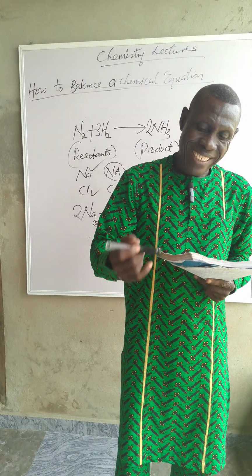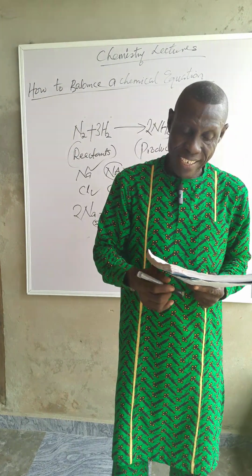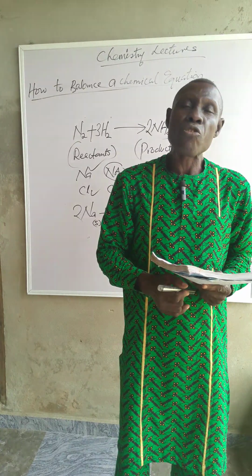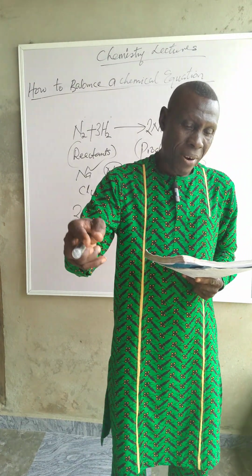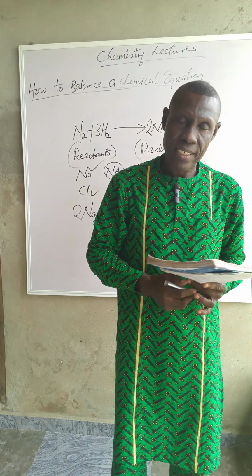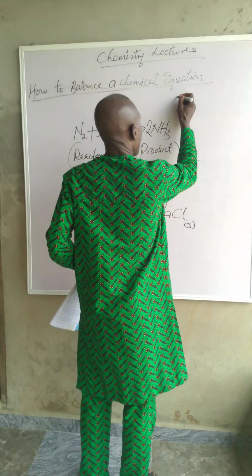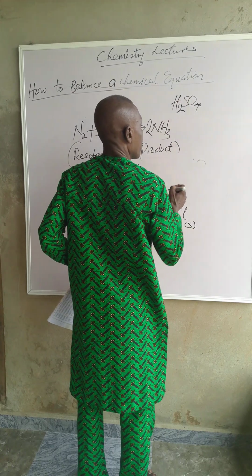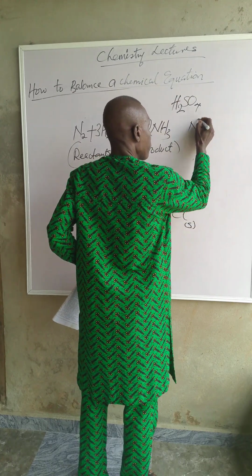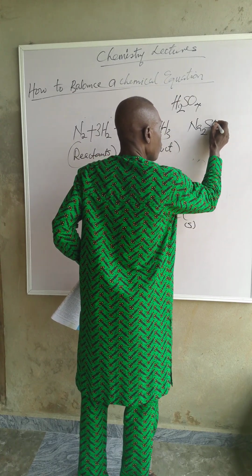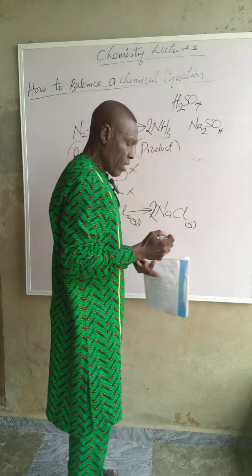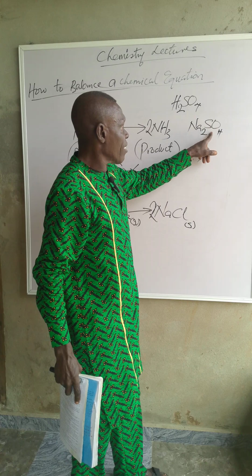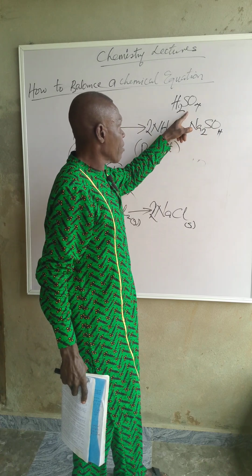For example, if an acid and a base, or an acid and other things, are reacting, how do you know the chemical formulas of the compounds that are reacting? Very important. For instance, H2SO4 is an acid reacting with sodium sulfate, Na2SO4. This is called sodium tetraoxosulfate VI, and this is called tetraoxosulfate VI acid.